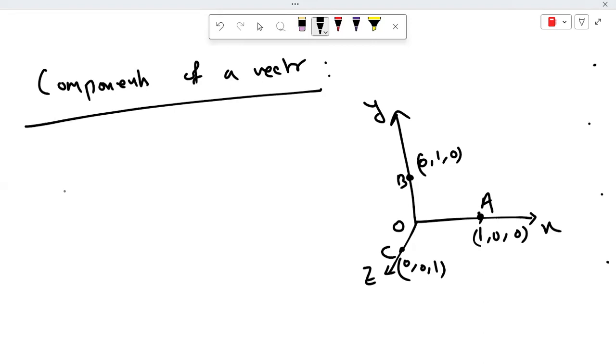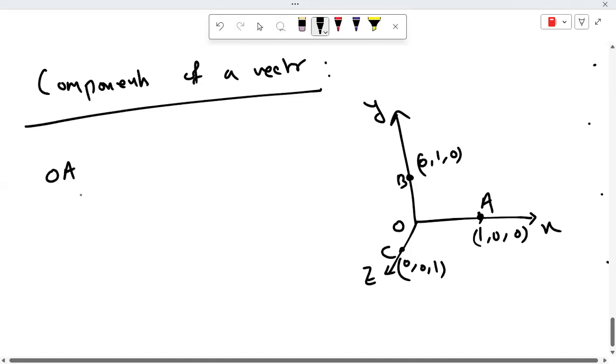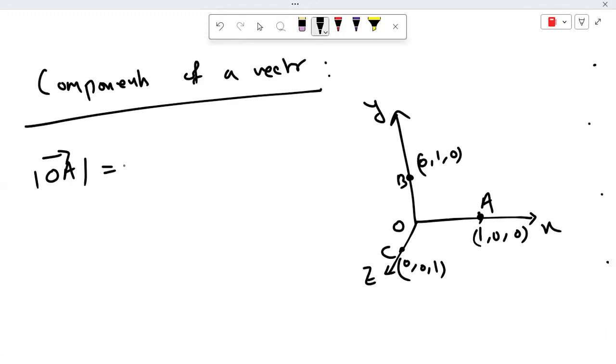Can anyone tell me, if I write OA vector magnitude, how much will it be? Magnitude of OA. Sorry. √2.